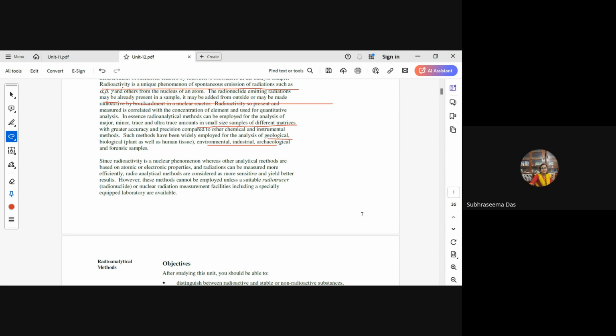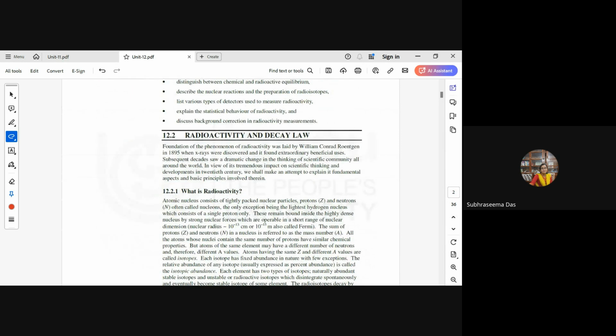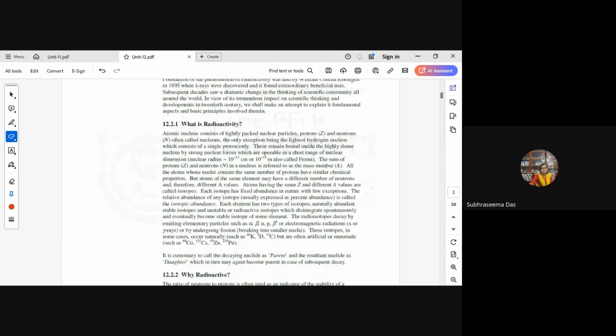So here, let us understand what is radioactivity and the radioactive decay law. The atomic nucleus, as we know, consists of nuclear particles, that is the protons and neutrons, which are combinedly called the nucleons, the exception being the hydrogen nucleus, which consists of a proton only.